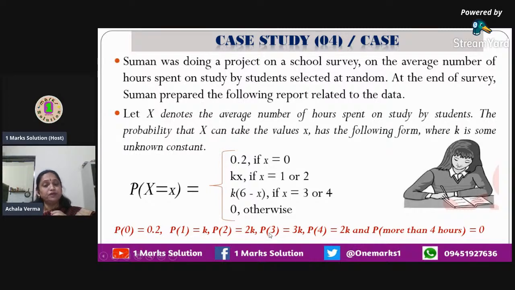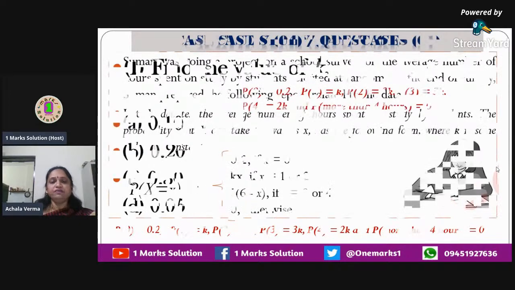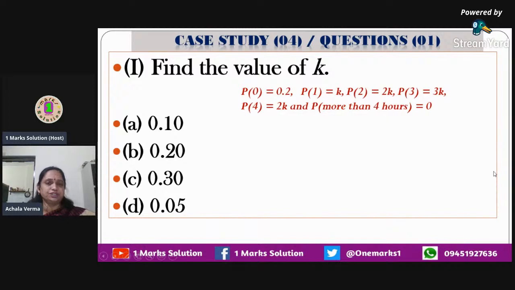Probability of children who spend 3 hours per day is, substituting x as 3, 6 minus 3 gives 3, so 3K. Probability of children who spend 4 hours every day is 6 minus 4, which is 2, so 2K. And probability of children who spend more than 4 hours is nil. Now this is the information that we have and we need to answer some questions related to this.